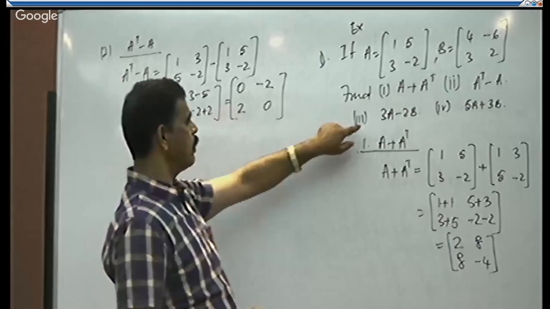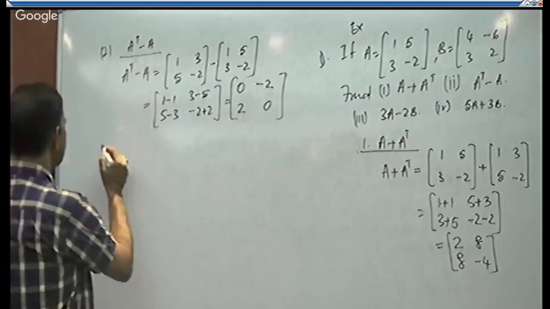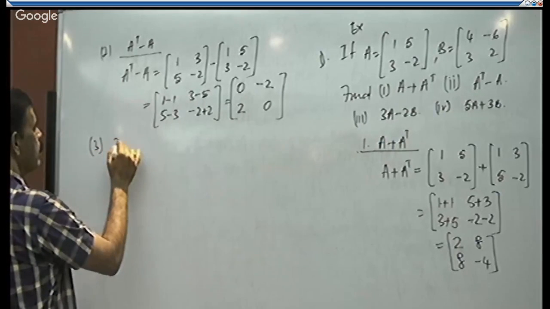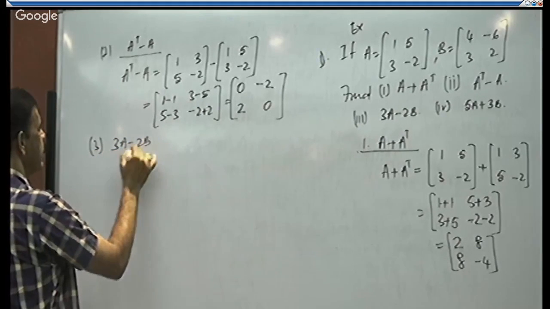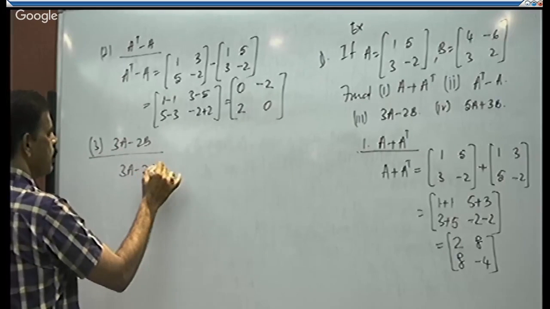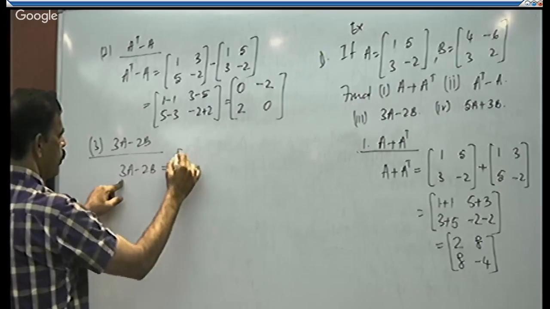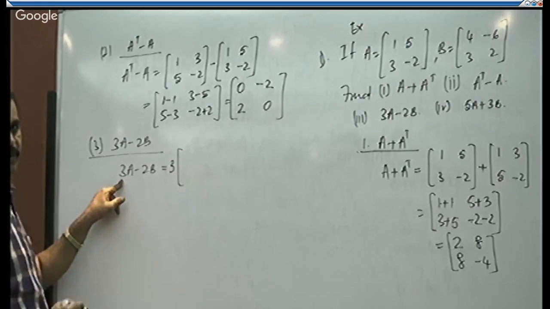What is third one? We have to calculate 3a minus 2b. Listen. 3 into, what is a? You write a.